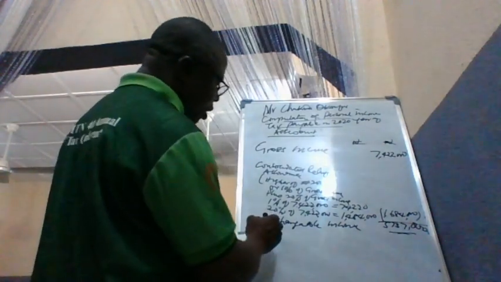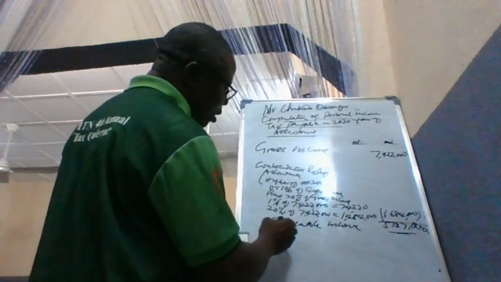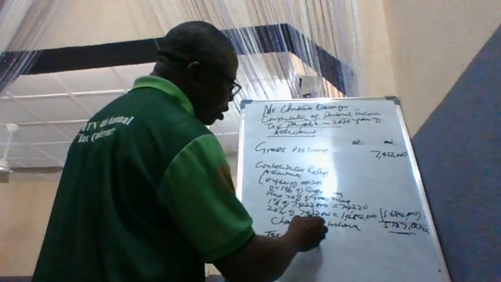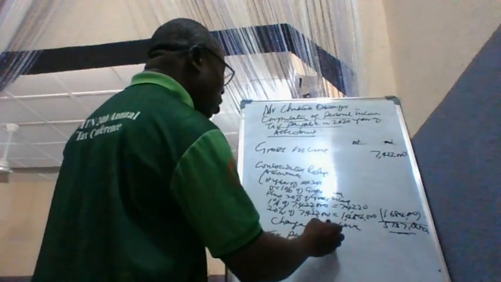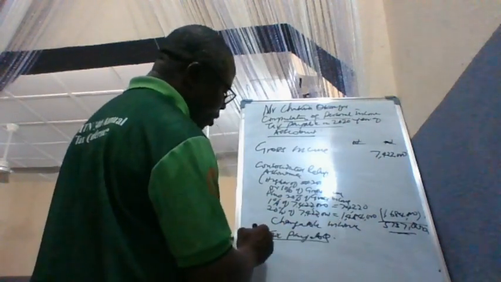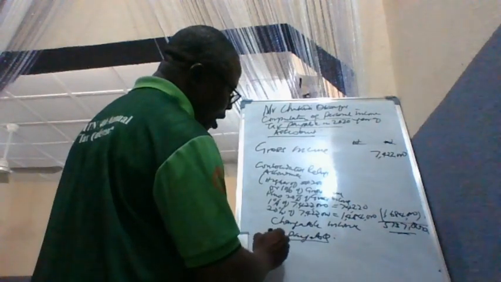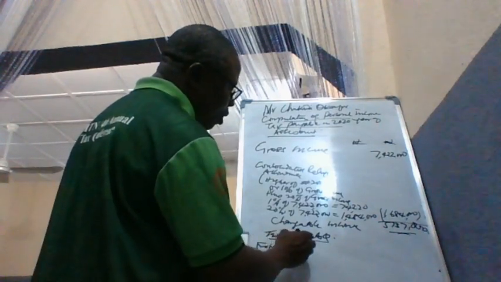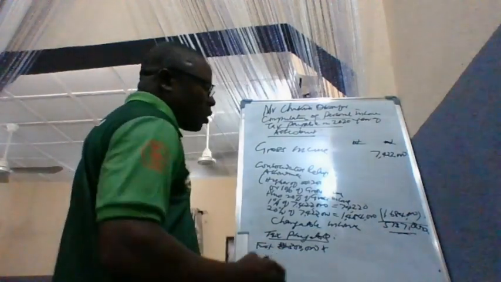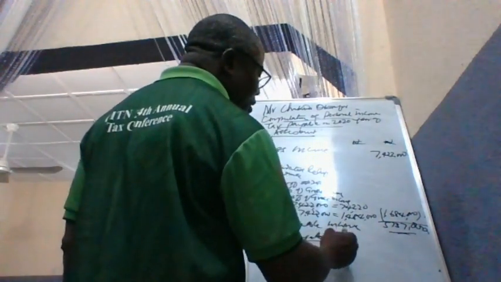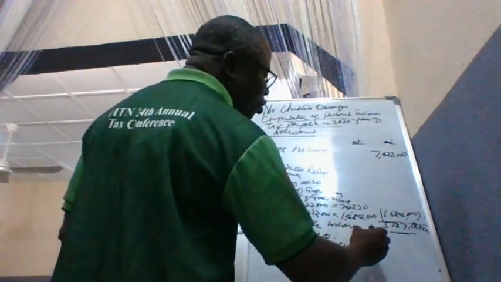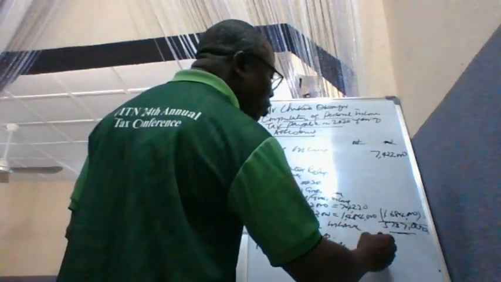So we are now calculating tax payable. Number one, the first 300,000 naira times 7% is equal to 21,000 naira.